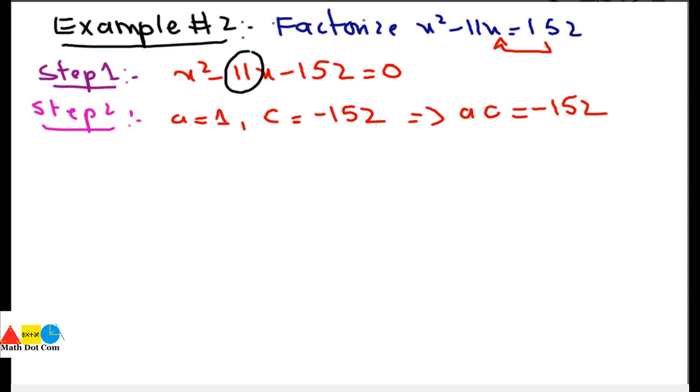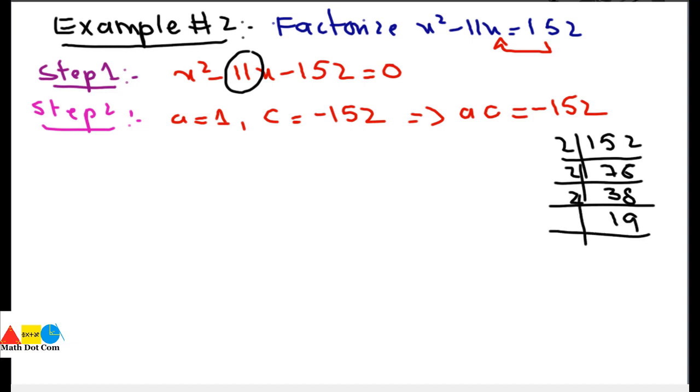The factors of 152 are: 2 sevens are 14, 2 sixes are 12, 2 threes are 6, 2 eights are 16, 2 nineteens are 38, and 19 ones are 19.